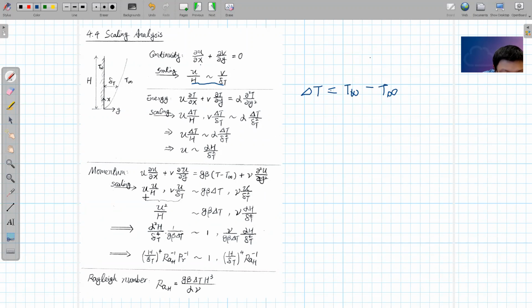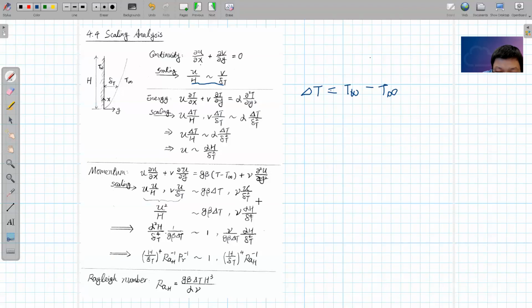For the convective term, u partial u partial x can be of order u squared over h, where h is the plate scale, and for v times partial u over partial y the scale will be delta t. If you substitute the continuity scaling result into these two convective terms, you will see that they are the same order.